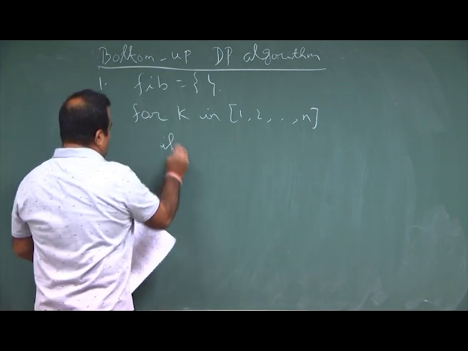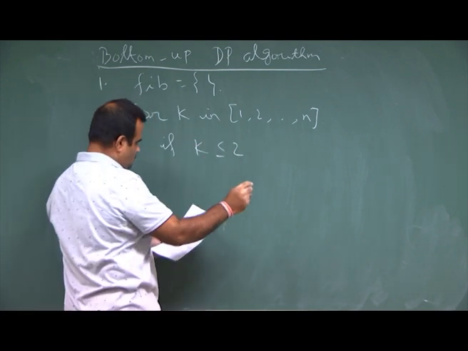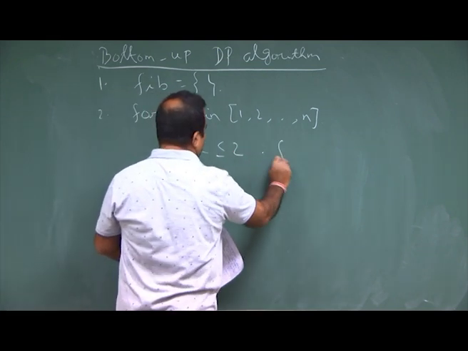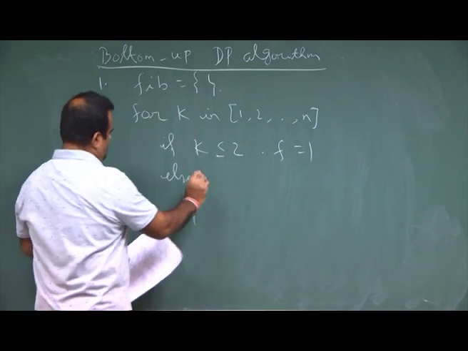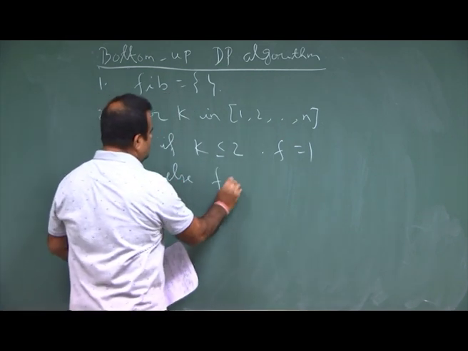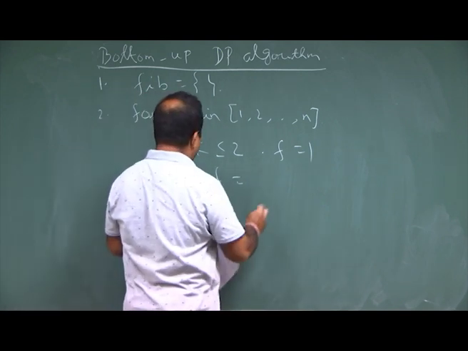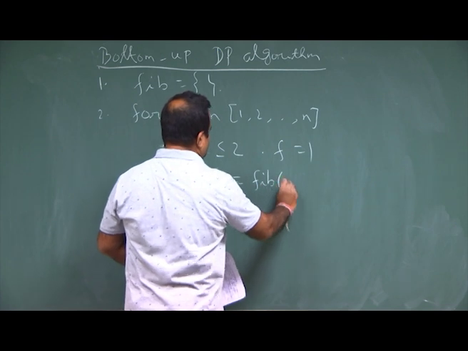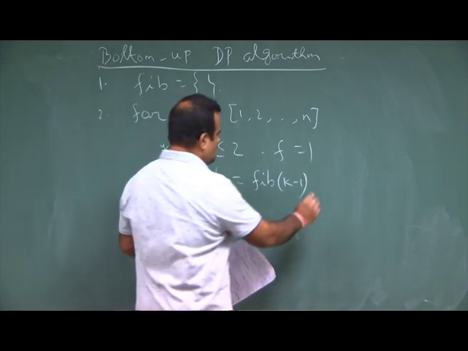Now we have the recursive formula: if k is less than or equal to 2, f equals 1, else f is fib of k minus 1 plus fib of k minus 2.